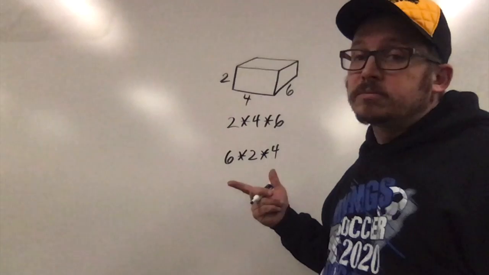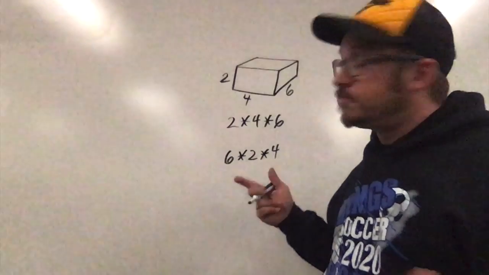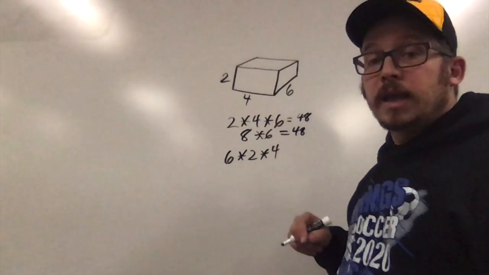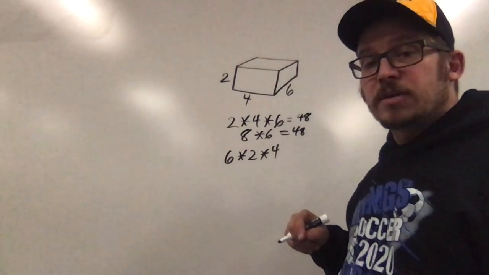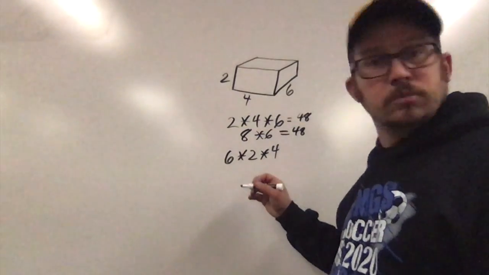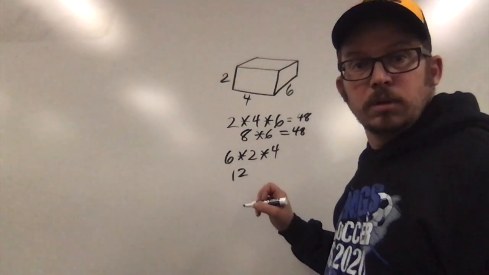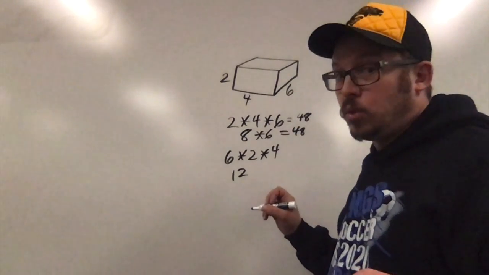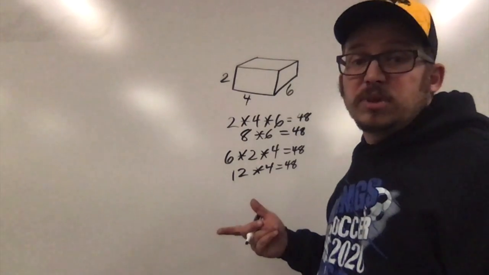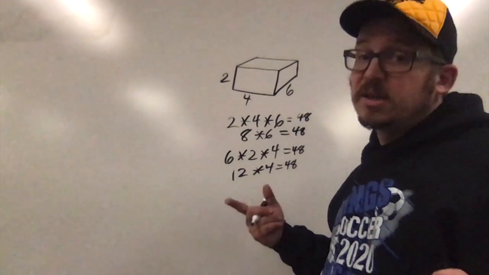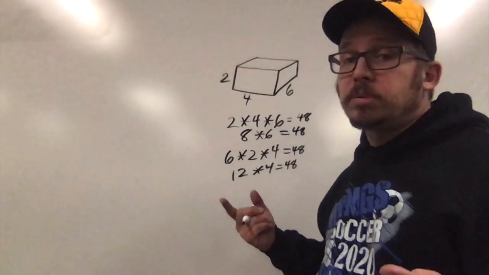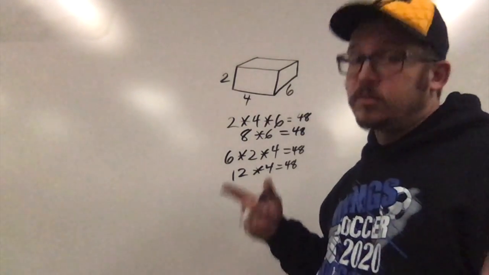Our first one, 2 times 4 is 8, and 8 times 6 is 48. Now, what about 6 times 2 times 4? 6 times 2 is 12, and 12 times 4 is 48. So, there's proof that it doesn't matter what order it's in. Take the three numbers, multiply them together, and you've got your volume.